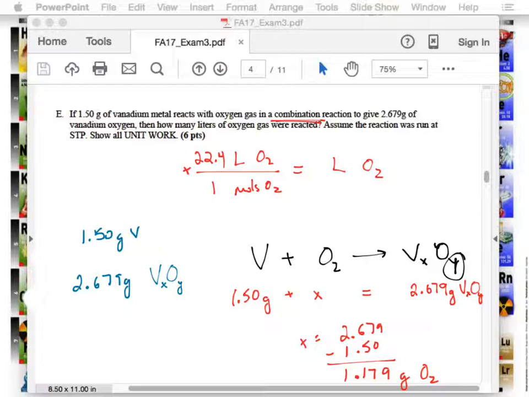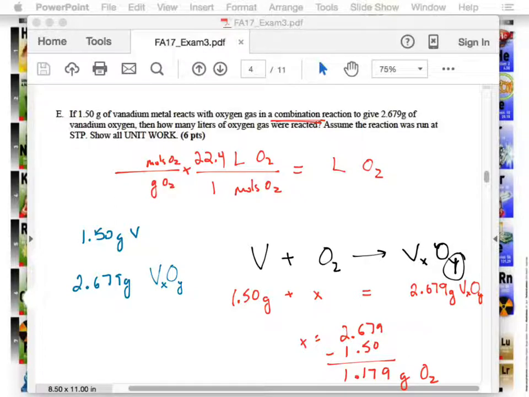To use the equation I had up at the top, though, I don't want grams. What do I want? Not meters. I want to get to liters, but I already have the conversion. I need moles of O2. I don't have the moles of O2. What do I have? The grams of O2.